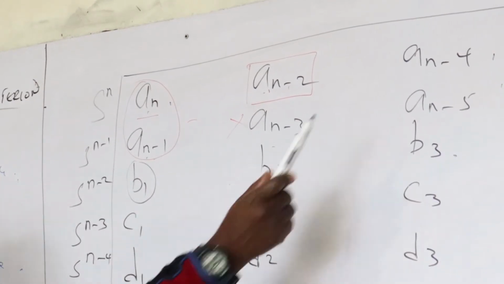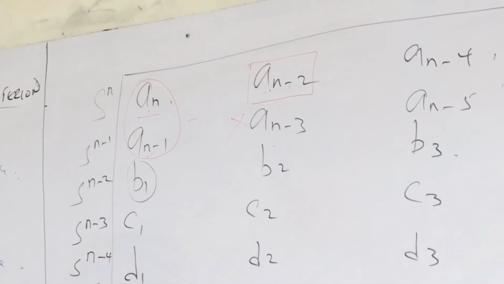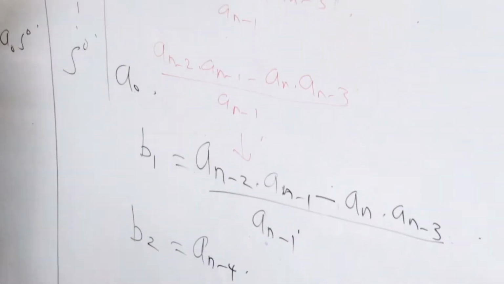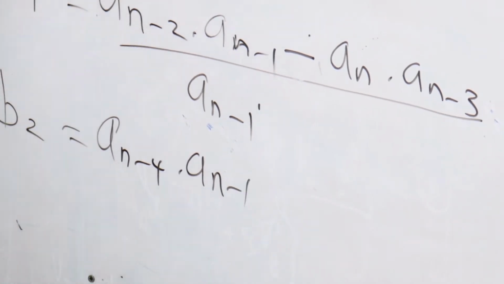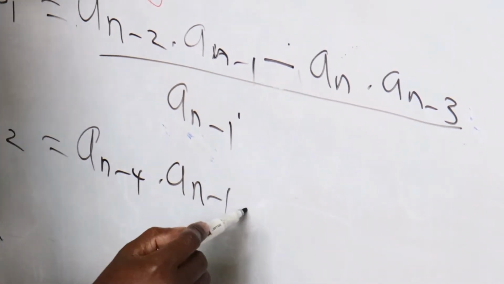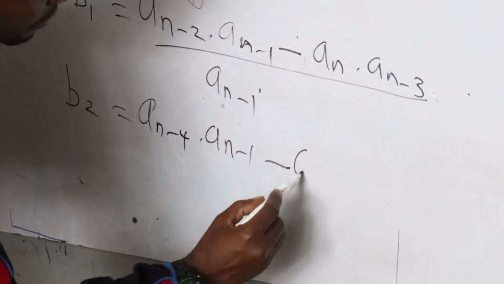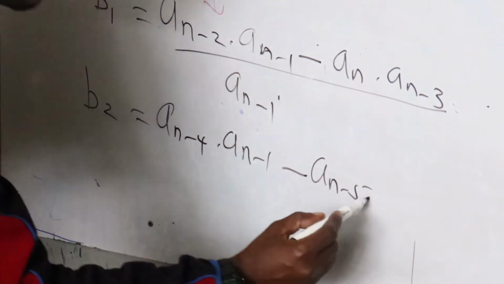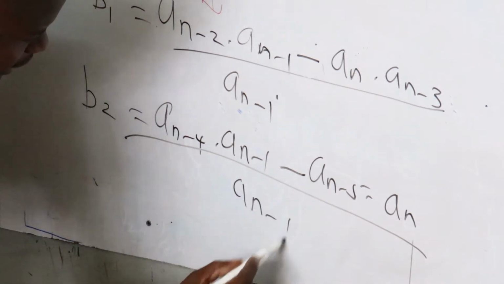So we are saying this minus this over that times that, which is simply, what is B2 now going to be? a_{n-4} times a_{n-1} minus a_{n-5} times a_n, divided by a_{n-1}.